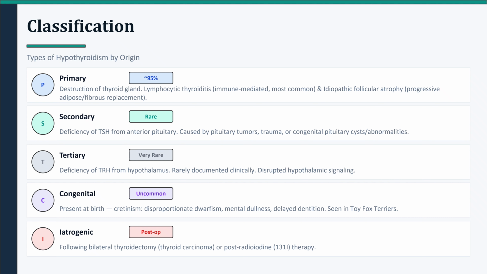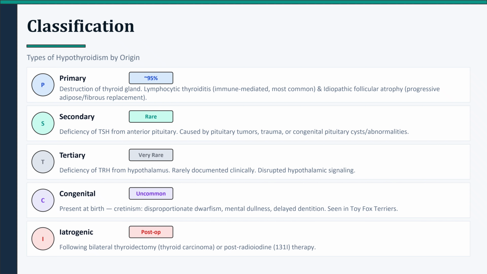Next is secondary hypothyroidism. This is rare. Here, the thyroid itself is fine, but there is a deficiency of thyroid stimulating hormone from the anterior pituitary, usually caused by pituitary tumors, trauma, or congenital pituitary abnormalities. Then we have tertiary hypothyroidism. Very rare. This is a deficiency of thyrotropin releasing hormone from the hypothalamus.